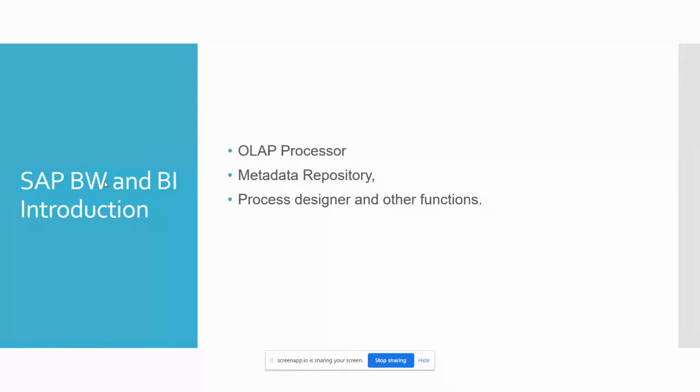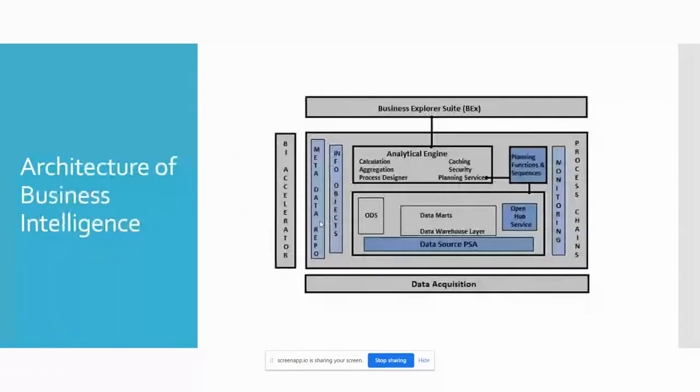Here the BI platform provides the infrastructure and functions, which include the OLAP process, metadata repository, process designer and other functions. Here BEx, the Business Explorer, is a reporting and analyzing tool that supports the query analyzing and reporting functions in BI.